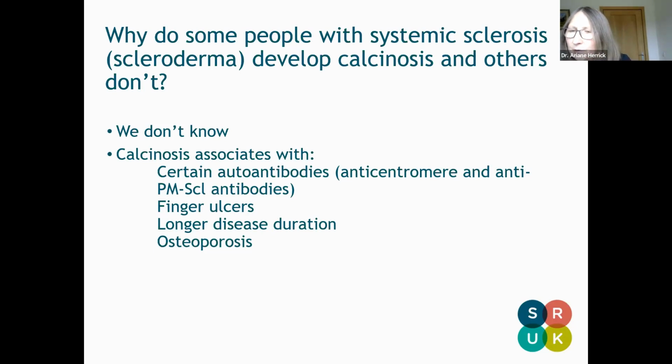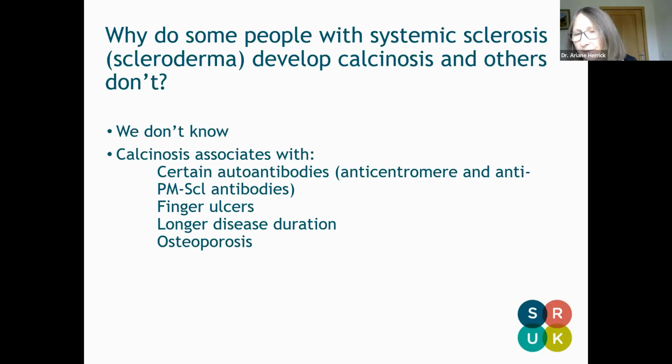We know that people who have an anti-centromere antibody or an anti-PMSCL antibody are at a little bit increased risk of calcinosis. Conversely, if you have an anti-SCL70 antibody, which is sometimes called anti-topoisomerase antibody, and I know these are big fancy words, but they're antibodies that we look at a lot, then you are at slightly reduced risk of getting calcinosis, although you're not completely exempt.